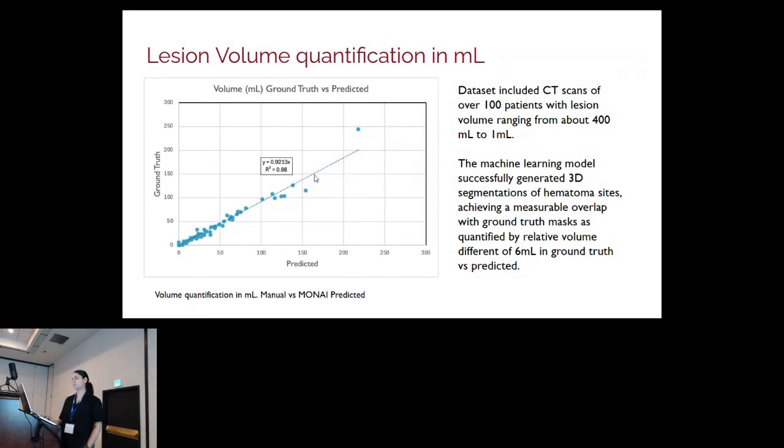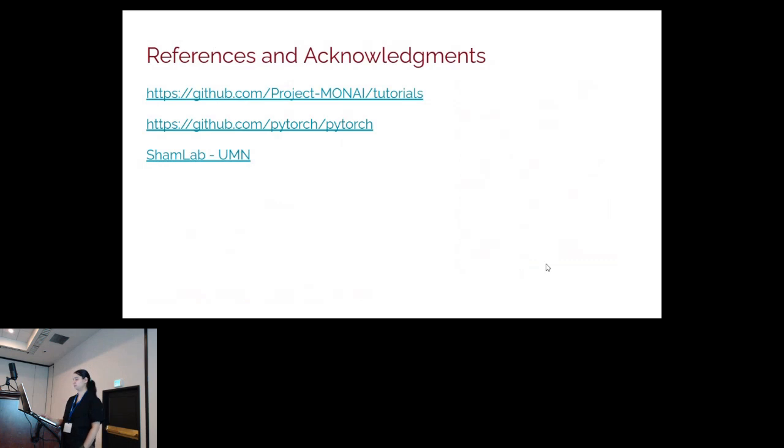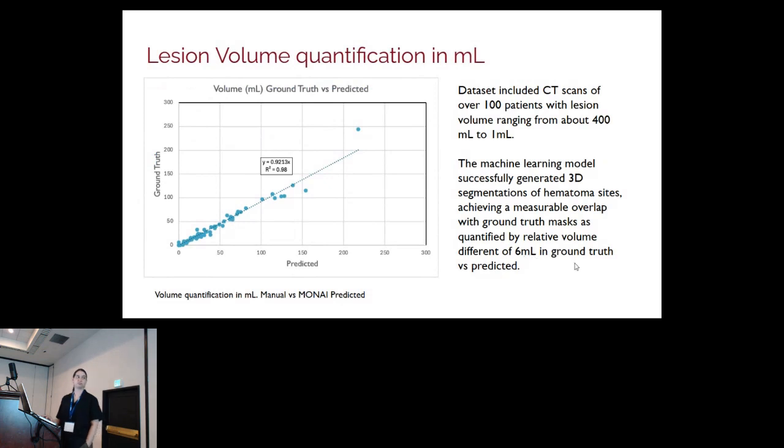The model performed well; there wasn't a huge difference on the data set that I tested on. It was about 100 patients, and the volume of the lesion was anywhere from 1 ml to 400 ml, and the relative volume difference between the ground truth and predicted was about 6 ml. So there was a 6 ml difference between both of those things. So yeah, this is predicted.